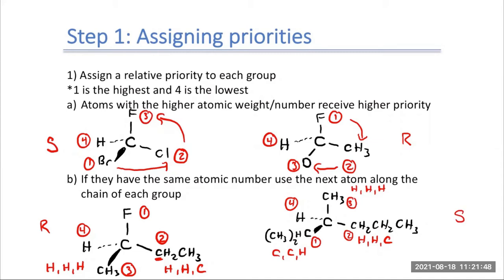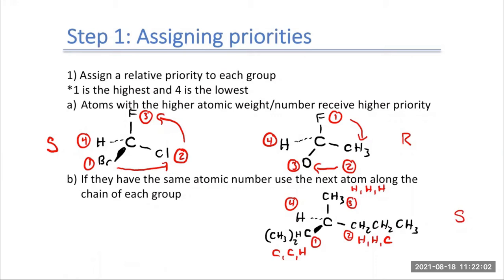And if you ever come to the spot where there's a tie, you'll look at the next carbon out. So let's look at an example of that real quick. Here, let's say we have a carbon, methyl, propyl. So now on this side, ethyl group, and our hydrogen.